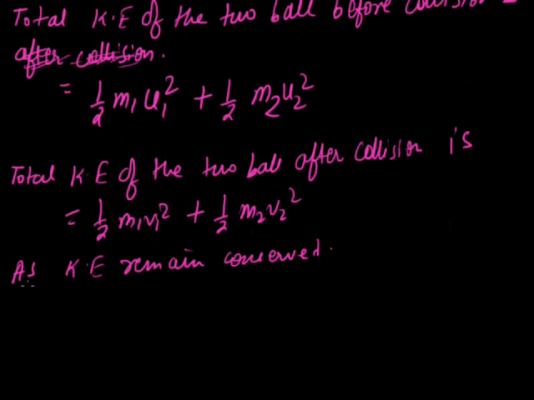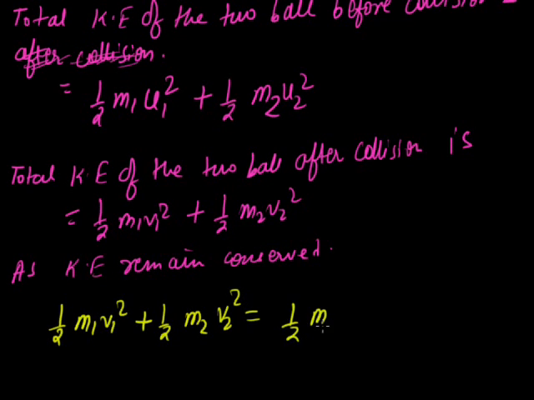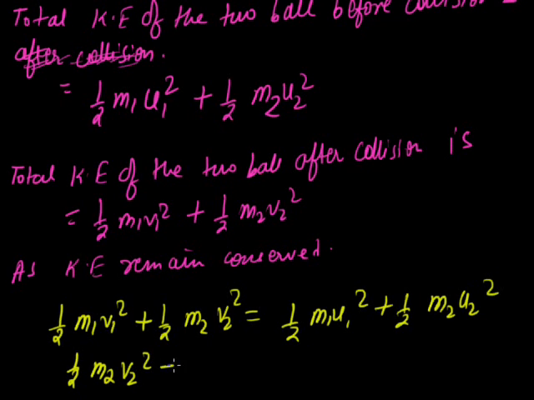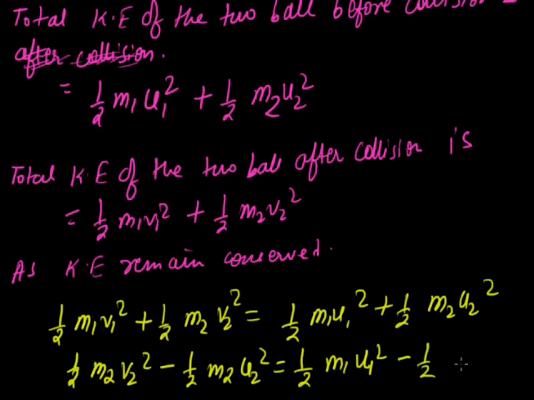This can be written as half m1 into v1 square plus half m2 into v2 square is equal to half m1 into u1 square plus half of m2 into u2 square. Now this can also be written as half m2 into v2 square minus half m2 into u2 square is equal to half of m1 into u1 square minus half of m1 into v1 square.